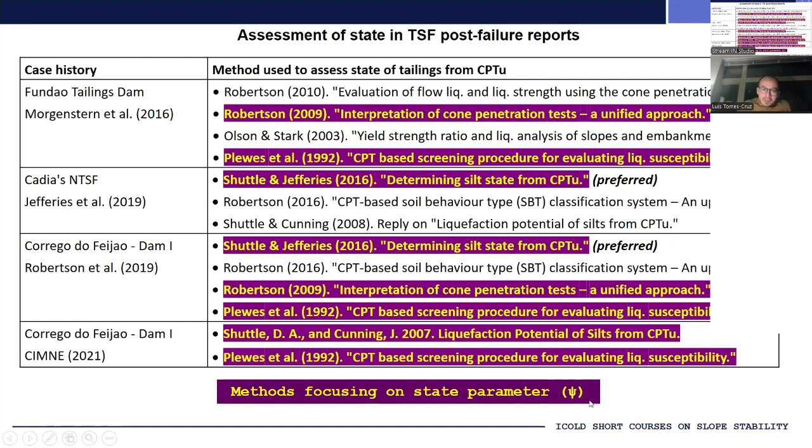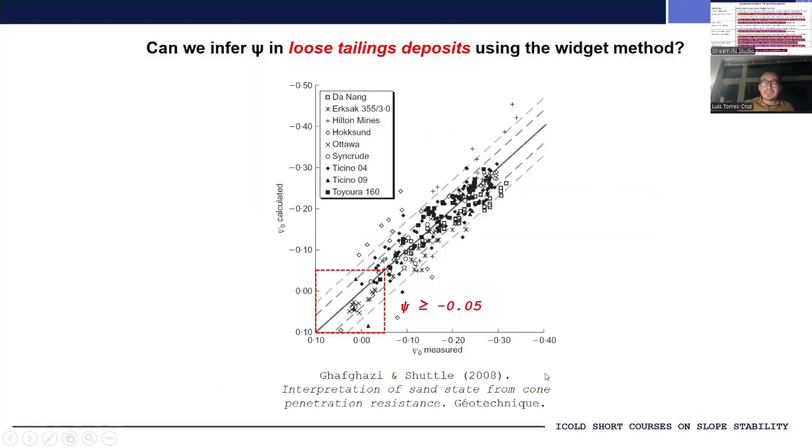So clearly, we have a lot riding on this possibility of determining the state parameter using the results from the CPT. So we should be asking ourselves, well, can we determine the state parameter of loose tailings using the CPT? So let's explore that question a little bit.